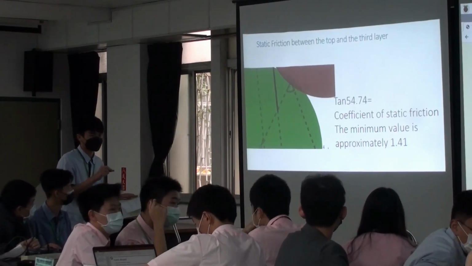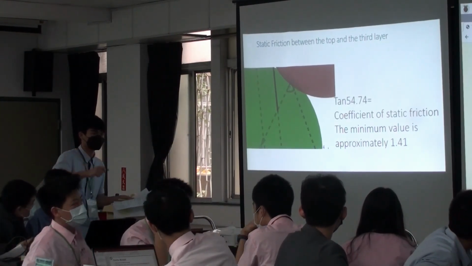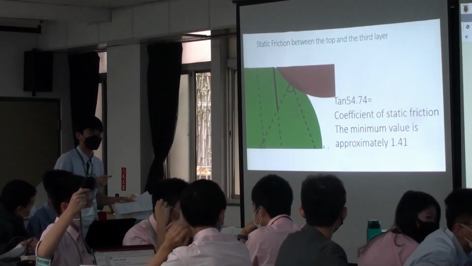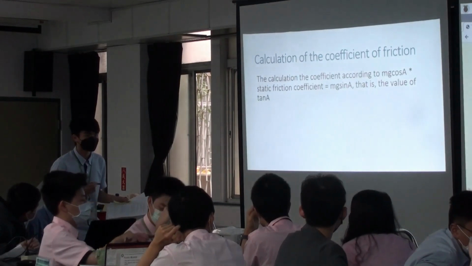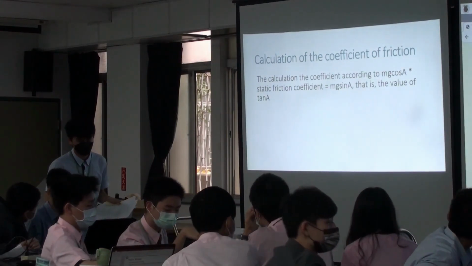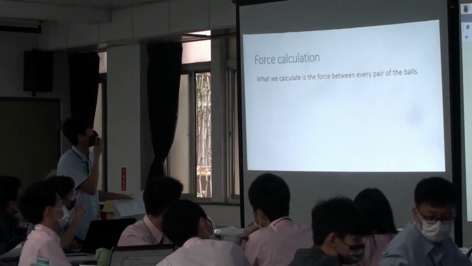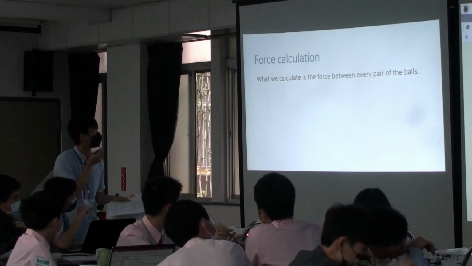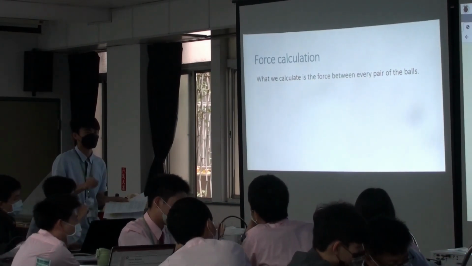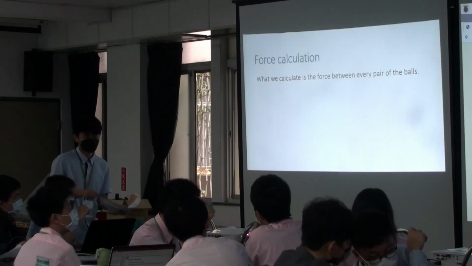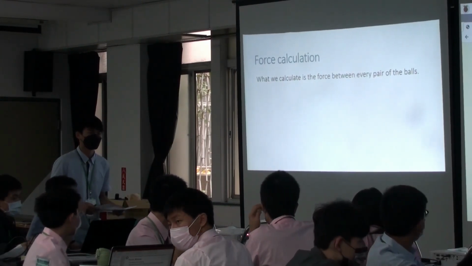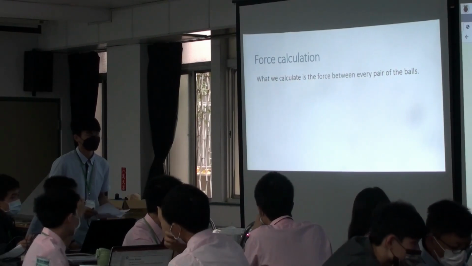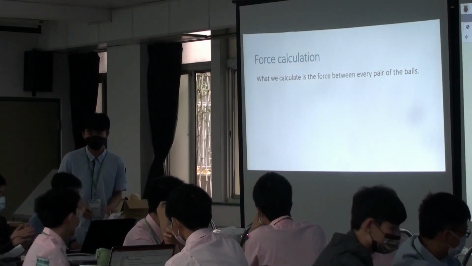So cosine is on the top, so it's tangent. And what we calculate is the force between every pair of balls in the final situation. Okay, let's go. Thank you.